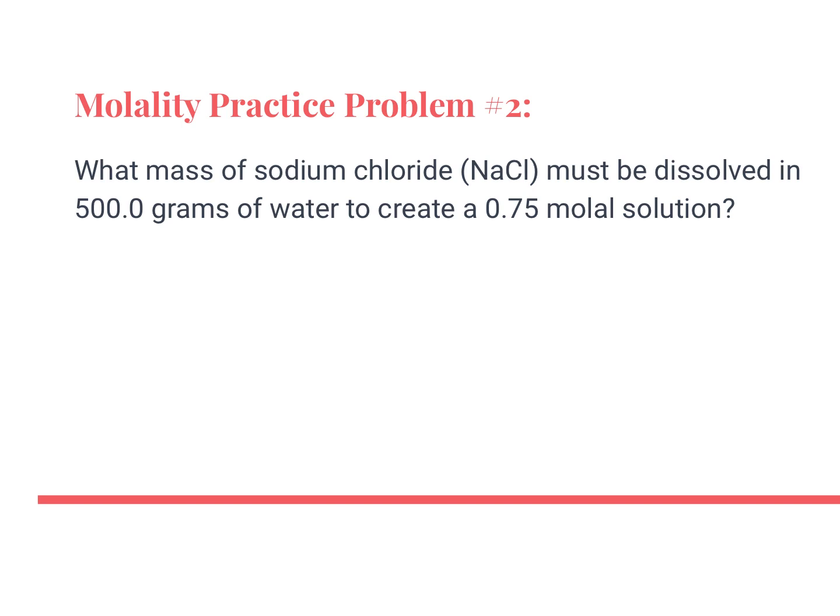This time you're given the molality, 0.75, and molality equals moles per kilogram. So we're going to solve for moles. And 500 grams of water is equal to how many kilograms? Move that decimal 3 to the left, so 0.5000.